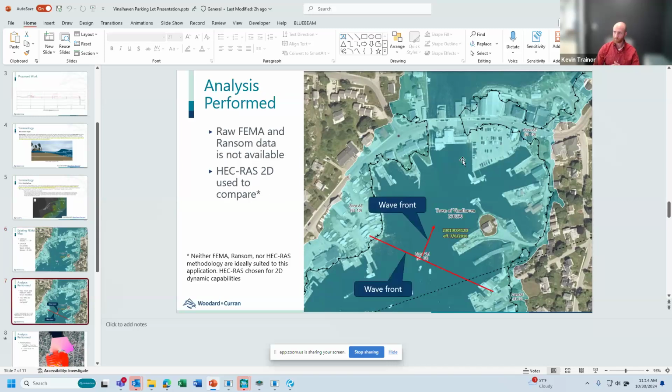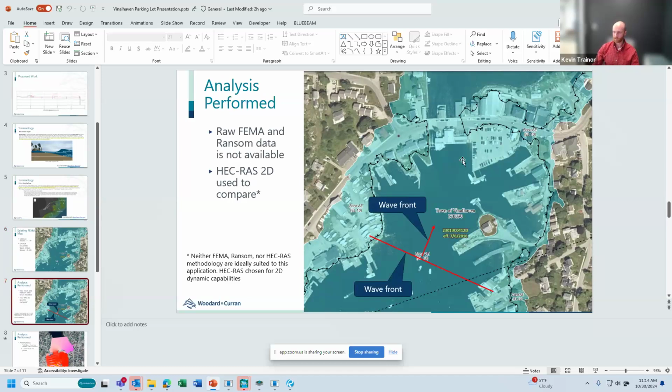And so there aren't really standard methods for looking at this exact problem or this exact question. And we don't have the raw data from FEMA that they used to create the flood insurance study.